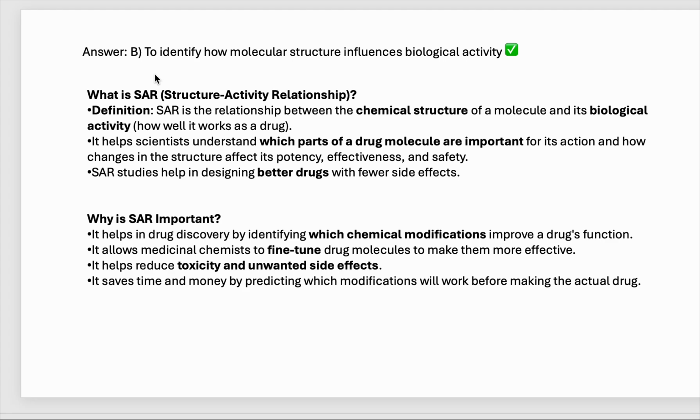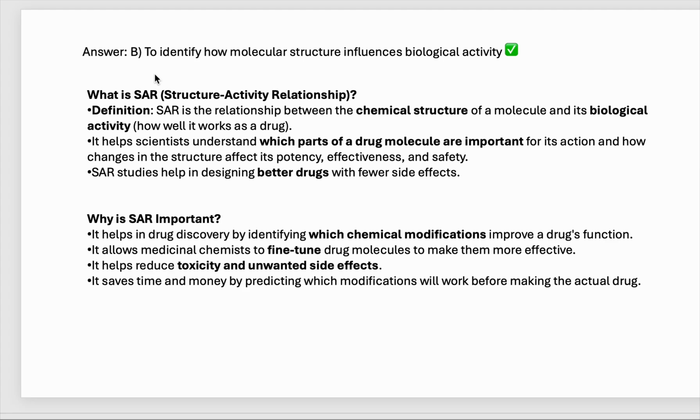What if we remove it? That will make the compound smaller, maybe easier to deal with. If it's not affecting its activity, that would mean that we don't exactly need it. So we can try to remove that thing or maybe add a different thing to increase its activity. So that's how you basically work with the compound.